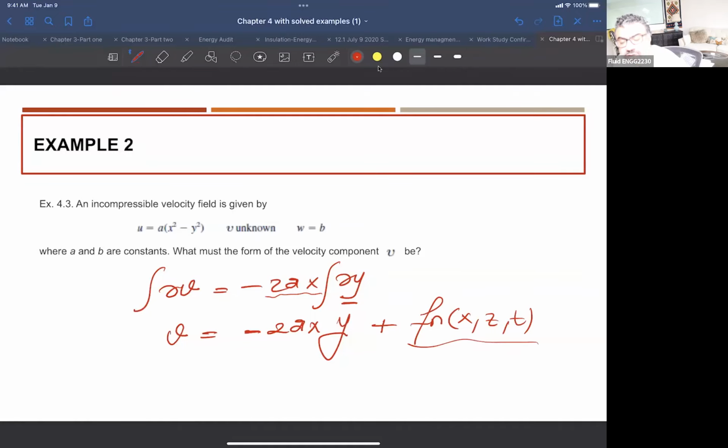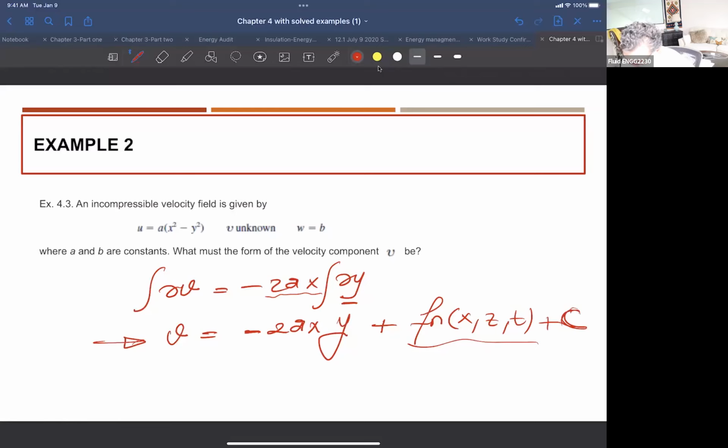The velocity could be a function of t. So this is your component of the velocity. Of course, if we have more information, we can find out more. You can get this information if you have more data provided in the problem.